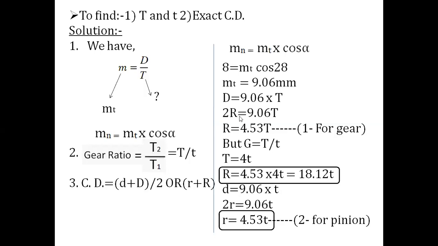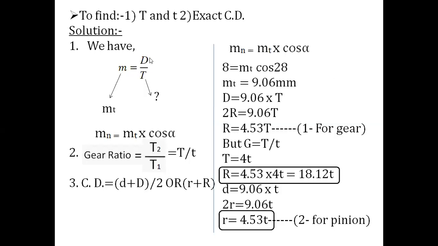From the same equation we are finding the pitch circle radius for the pinion also, by this formula: module is equal to d by t. What is the module here? We are getting 9.06. Module m is equal to 9.06, which is equal to small d divided by small t.